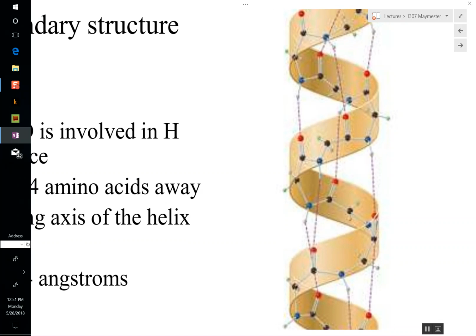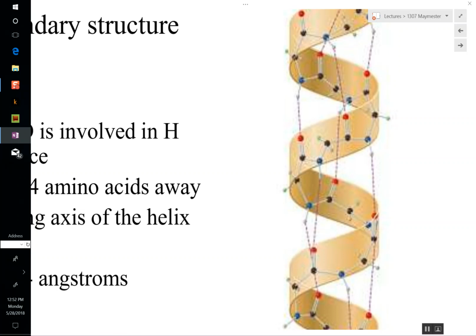That nitrogen has a hydrogen on it, and it is hydrogen bonding down here to this carbonyl. This carbonyl is hydrogen bonding up to a hydrogen there. This carbonyl is hydrogen bonding up there. So what's being involved here?